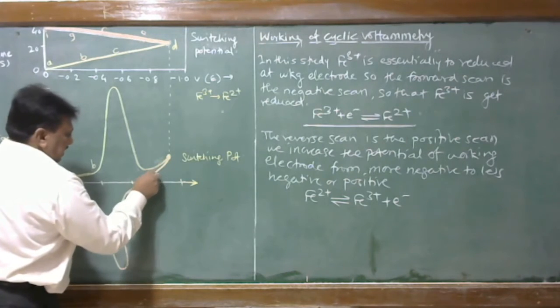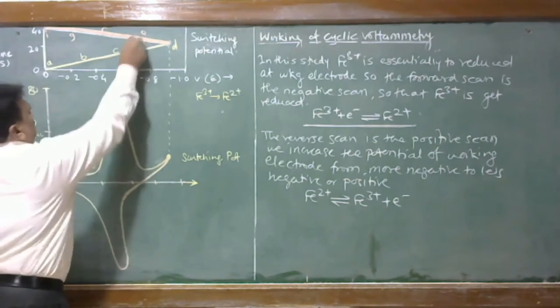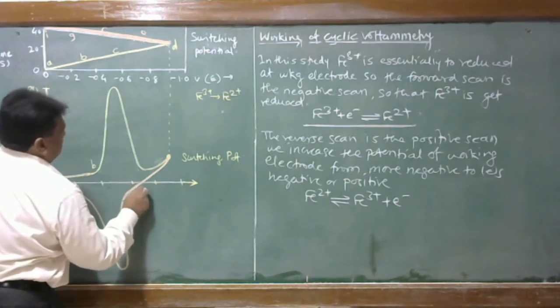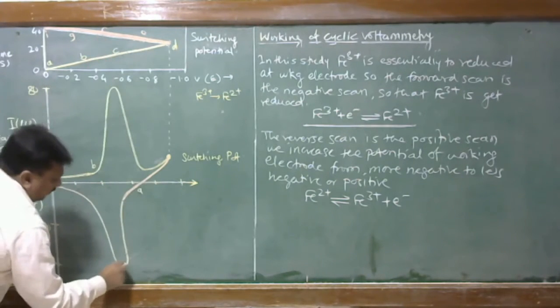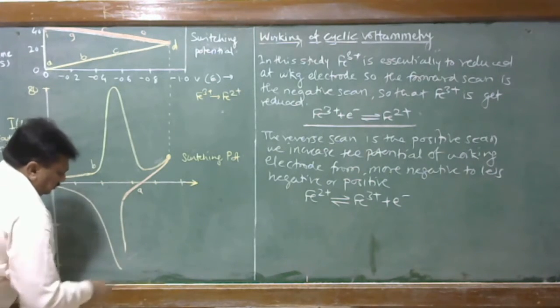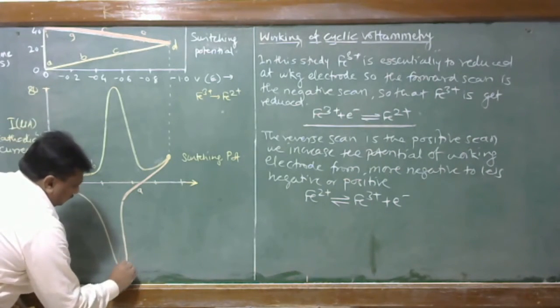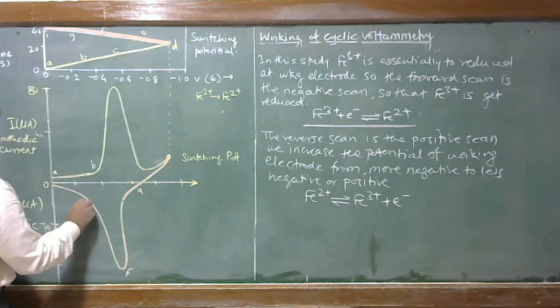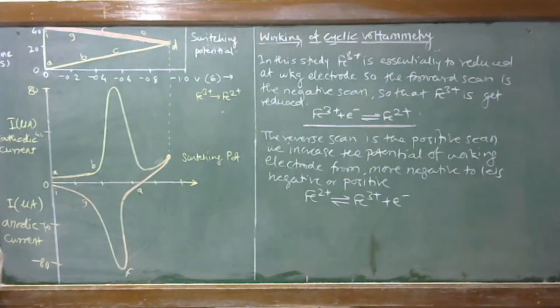Now this is another wave obtained when we scan the potential in the opposite direction. This is point E and this is point F. Here this is point F, this is point G, and this is point R.